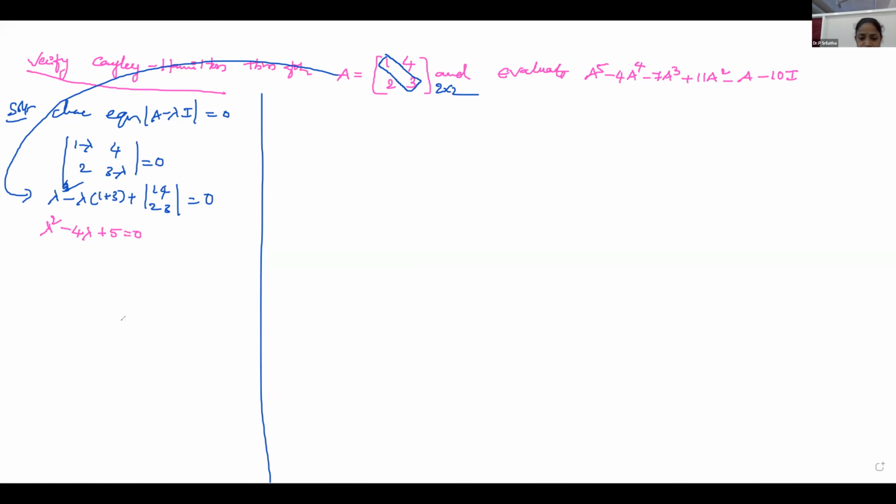This is our characteristic equation. So by the Cayley-Hamilton theorem, every square matrix satisfies its own characteristic equation. Okay, very good.